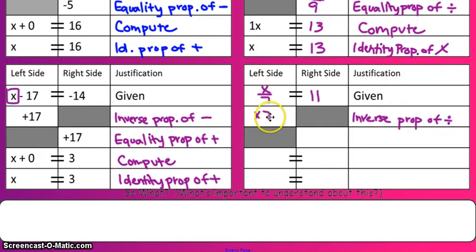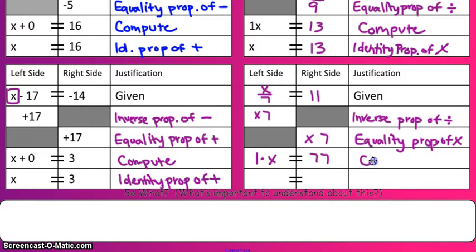If we multiply on one side, we have to multiply on the other side. That is the equality property of multiplication. So divide by 7 times 7 turns out to be 1 times x equals 7 times 11, which is 77.